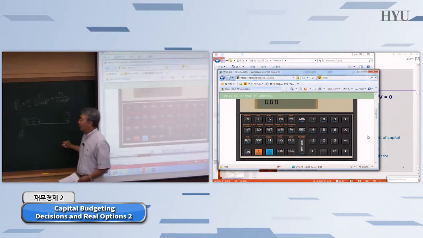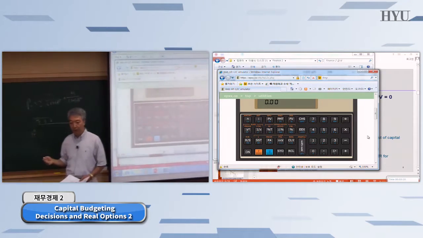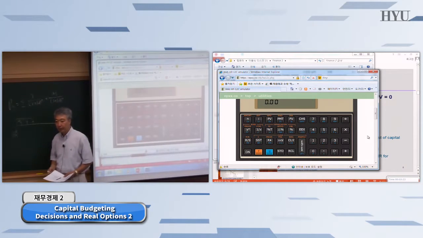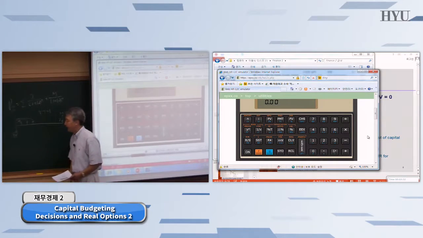Then what is the actual yield? If I purchase this bond right now and hold it until maturity, what's the yield to me? That's the concept of yield to maturity.